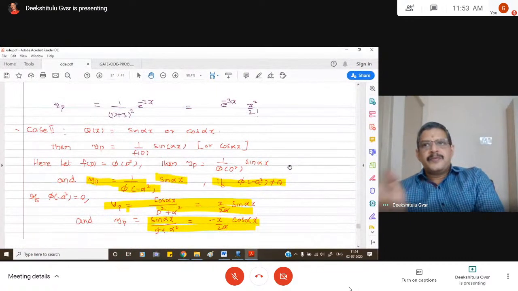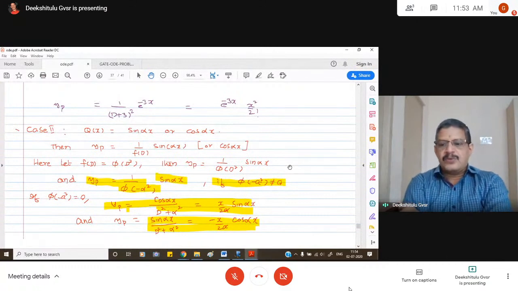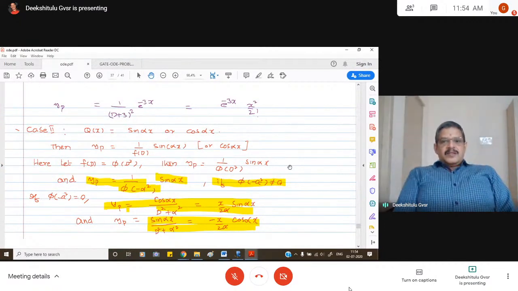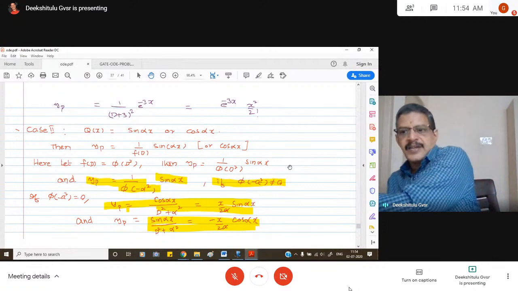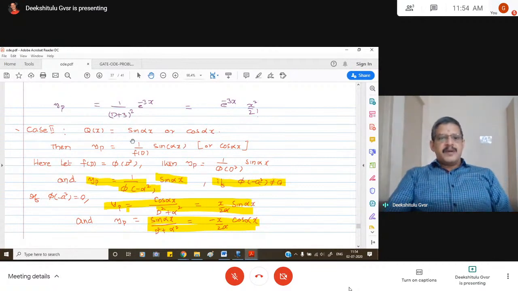And then if we have an exponential function, we have seen how the solution comes. Now whenever we have q of x equal to sin alpha x or cos alpha x, in such case yp is given by 1 by f of d sin alpha x or cos alpha x.